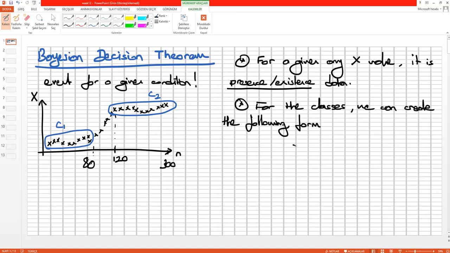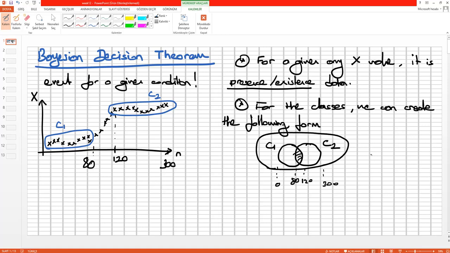Okay, so we can say that this is another term here for the classes. We can create the following form. If we have the C1 and C2, we can create two subset variables here, like this one, and so this is called C1 and C2, and we have some intersection points of the area, which means that this is equal to the 80 to 120. Okay, and so this may be 0, and this goes to 300. But in this data we can create the probability for a given x, and so this x contains class 1 and class 2.